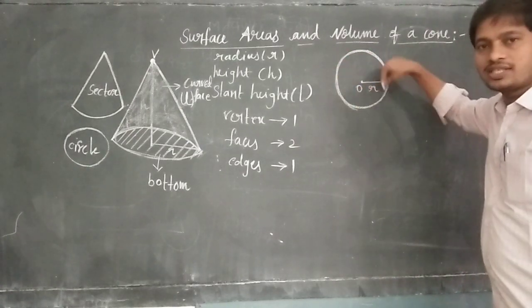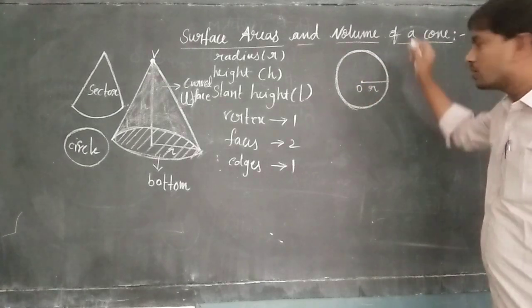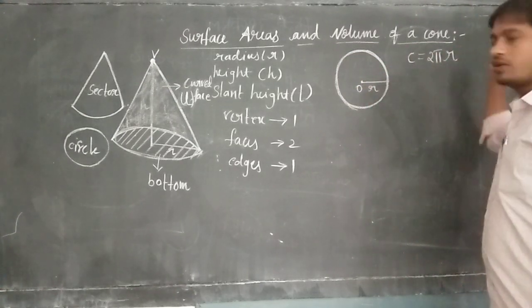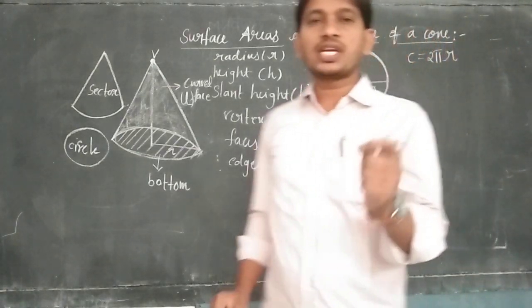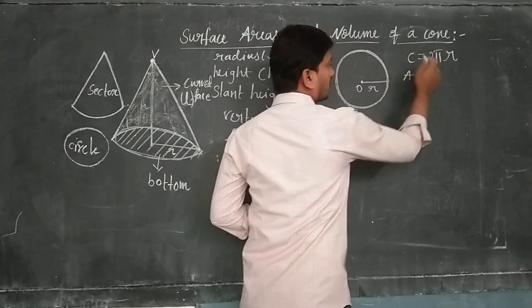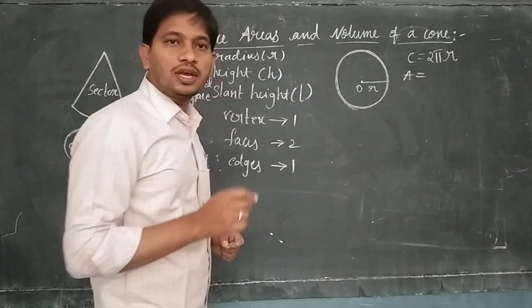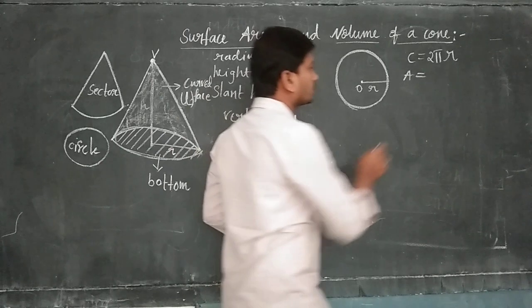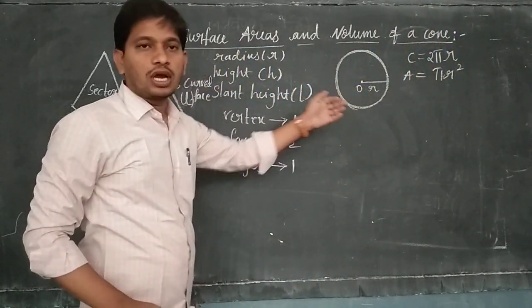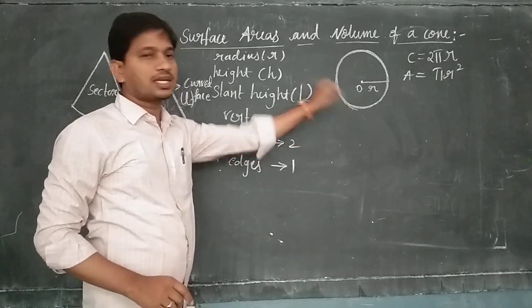Circumference of the circle is nothing but its boundary. We know that the circumference of a circle is 2 pi r. And coming to area, the area of the circle is pi r square. This is about our bottom face, which is a circle.